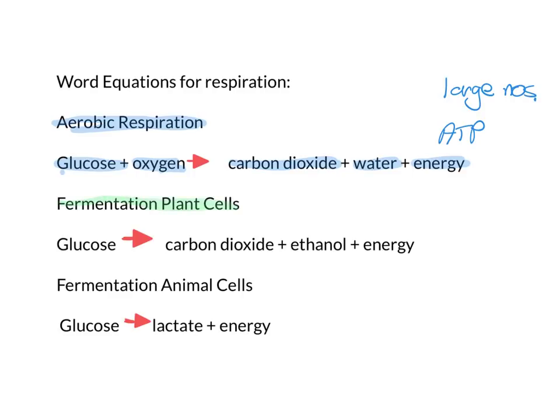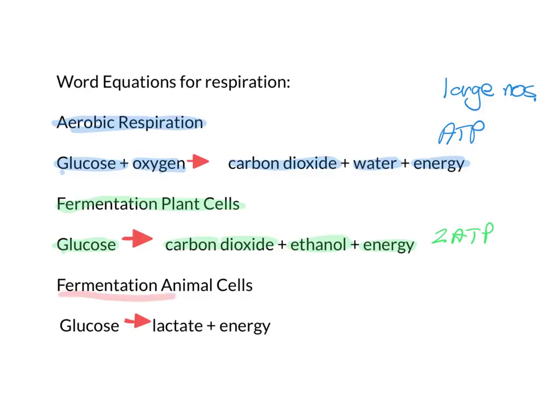Fermentation in plant cells involves the breakdown of glucose in the absence of oxygen, and carbon dioxide, ethanol and energy are produced. And remember, there's 2 ATP produced, and this reaction is non-reversible.